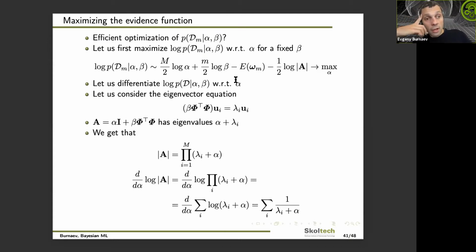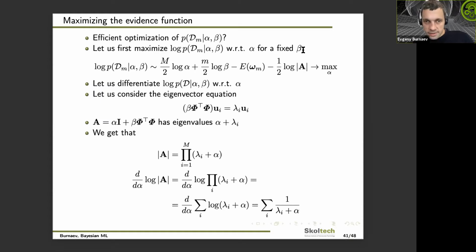And so because of this, of course, we need some reasonable initialization for values of alpha and beta. And as such, reasonable initialization, because beta is the noise variance value.